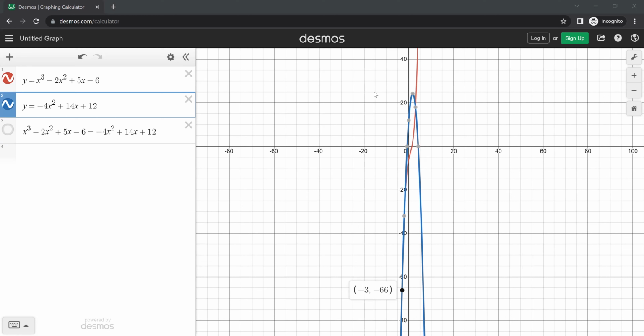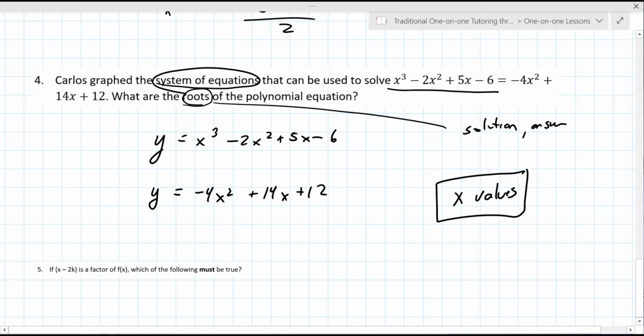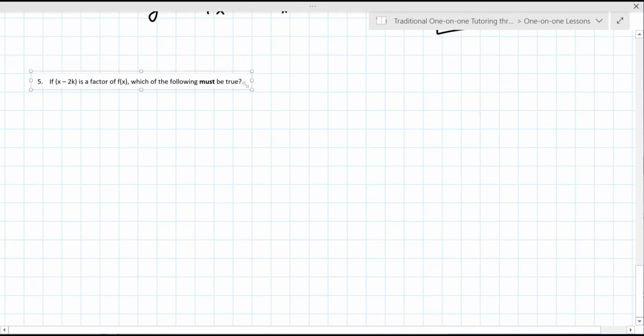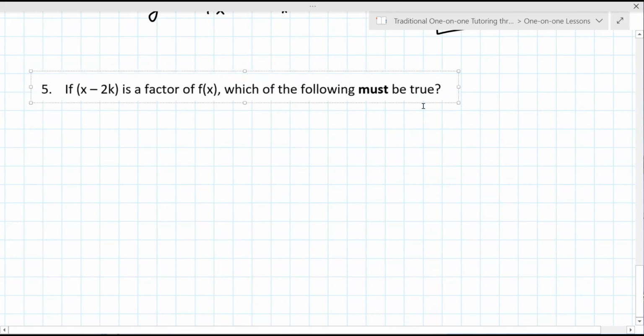All right, let me grab the next one here. I'm going to share my other screen, and we'll get back to working out some problems by hand, at least for this one. Okay, so it says if x minus 2k is a factor of f of x, and let me explain this with an analogous problem.